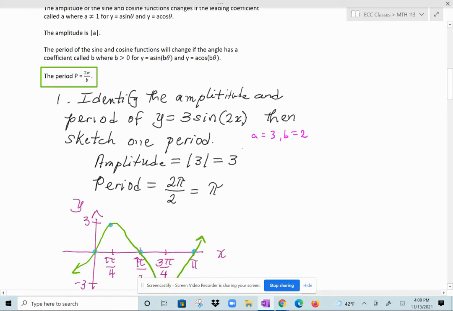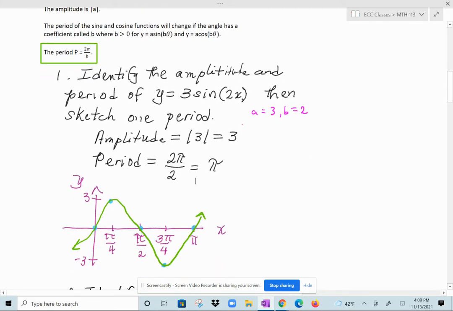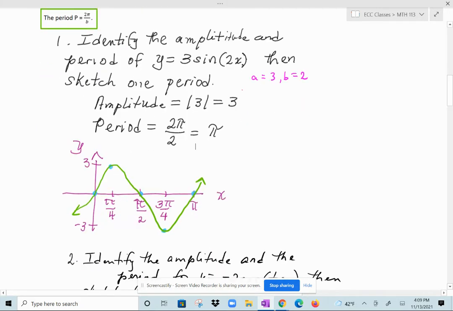And that amplitude is also going to change how high up and how far down we go in that oscillating motion. So you want to draw the beginning and the end of your period, which is from 0 to pi on the x-axis, and then break up from 0 to pi into 4 pieces. So the middle is pi over 2, and the middle of 0 and pi over 2 is pi over 4, and then the other quarter on the other half of this, between pi over 2 and pi, is 3 pi over 4.